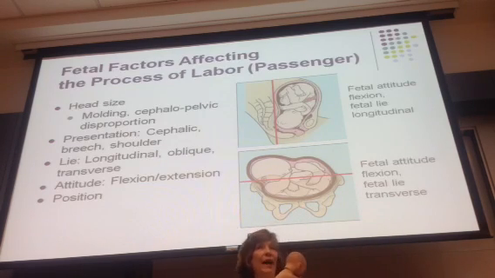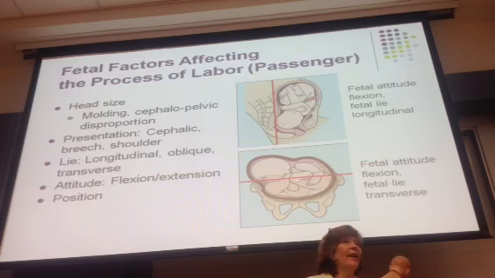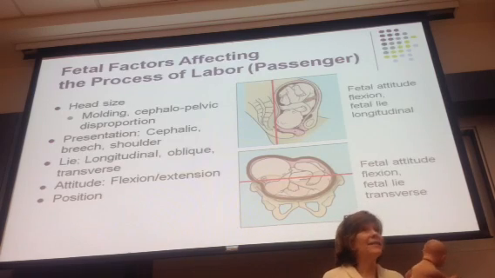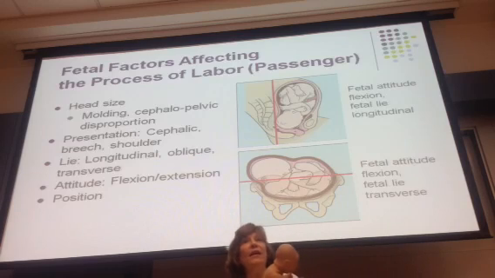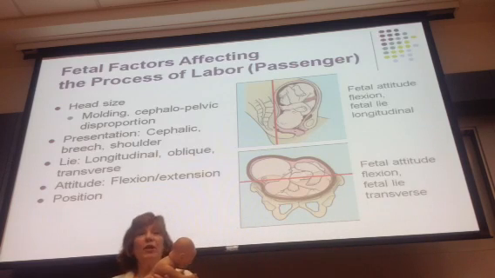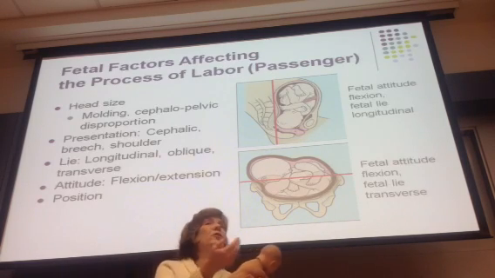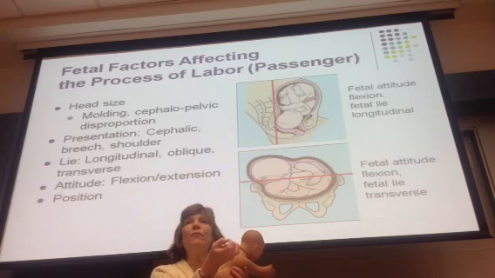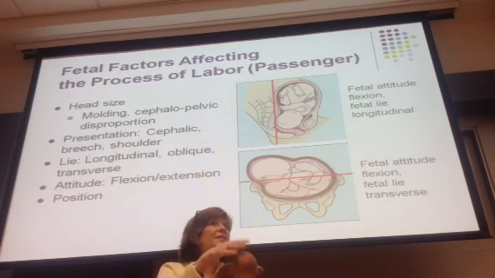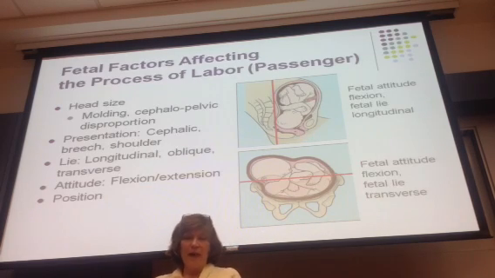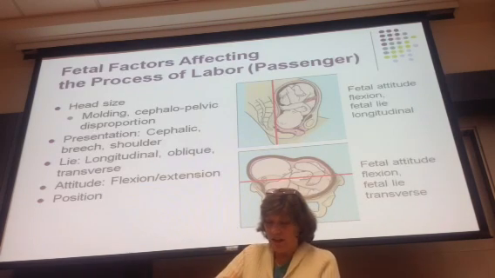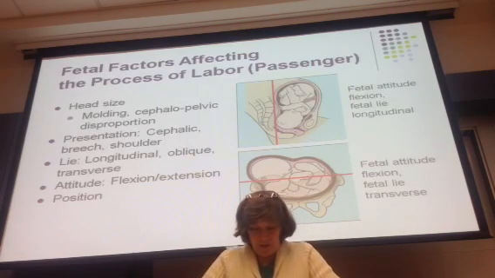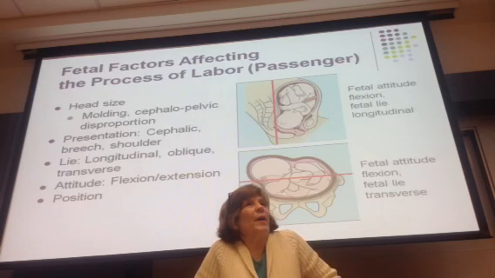So a healthcare provider or a nurse that's felt a lot of pregnant moms' bellies knows how to identify what's coming first. And then also, someone doing a vaginal exam, when they go up into the cervix and they're feeling for what's coming first, they're either going to feel a skull, hopefully. They may feel our final presentation, which is what we call a shoulder presentation, and that's a baby who's trying to fit like this through the pelvis.